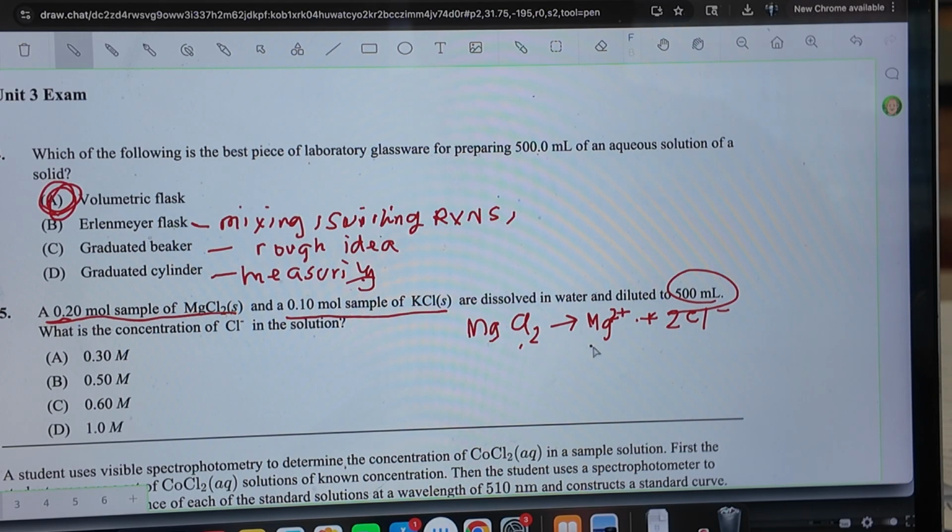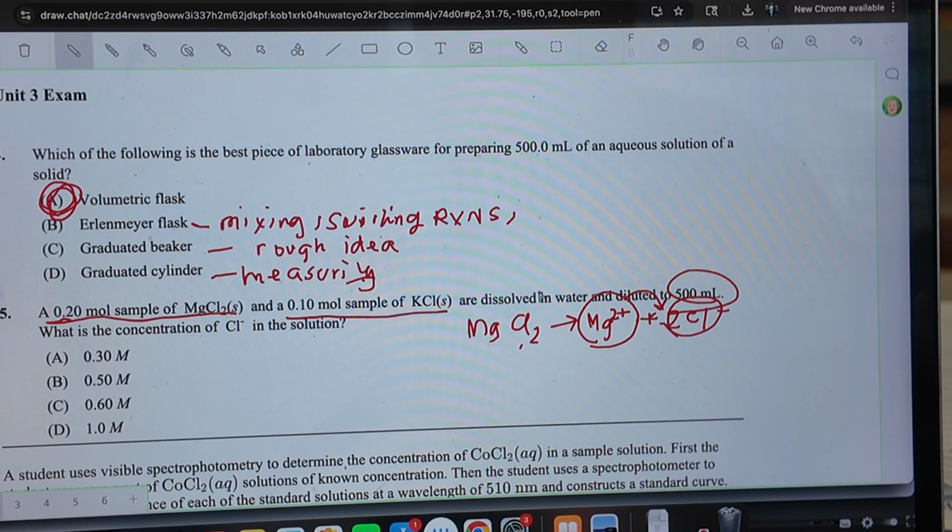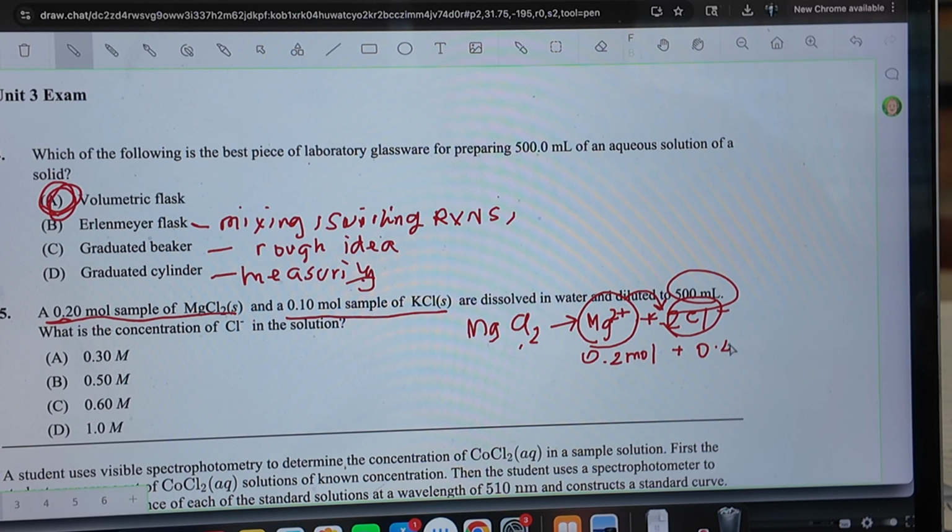So every 1 mole of this will give you 2 moles of chloride. If they're telling us 0.2 moles of this, it'll be 0.4 moles. So there's twice as many of them, right? Because moles is just a quantity of the 2 Cl.